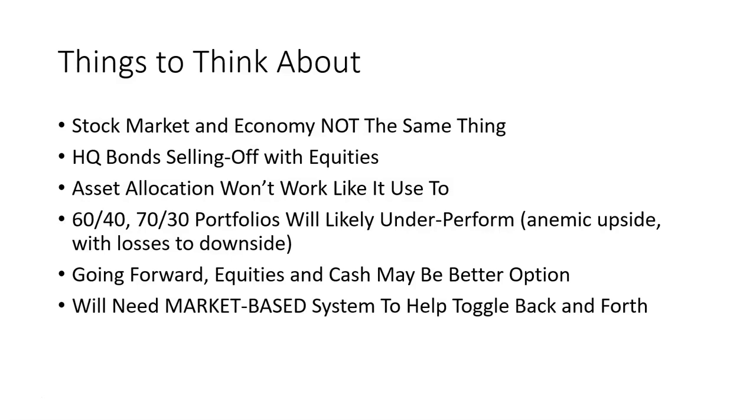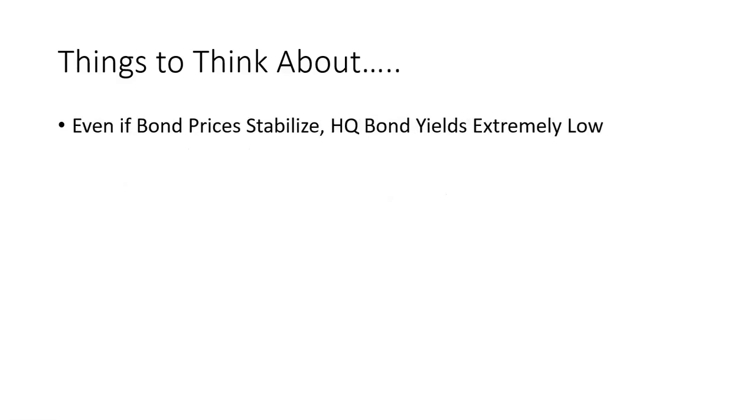However, you will need a market-based system to help you toggle back and forth between equities and cash. Even if bond prices stabilize, high-quality bond yields are extremely low. So what this means is that bonds at these yields represent a return-free risk.